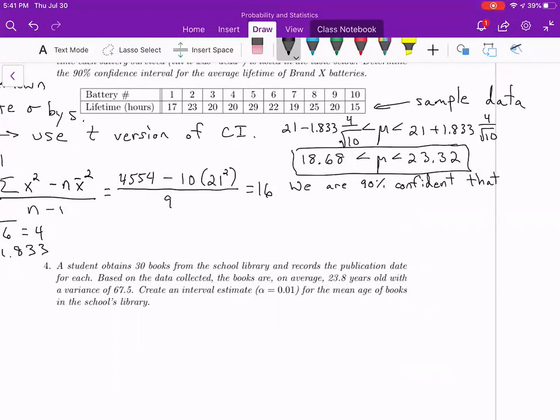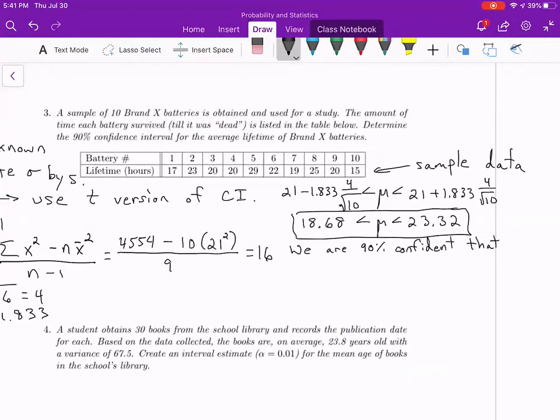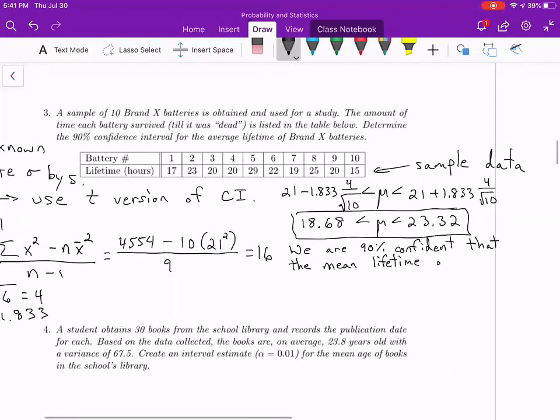Mu is the mean lifetime of brand X batteries. So we are 90% confident that the mean lifetime of brand X batteries, and then finally, tell me about where that value should be.